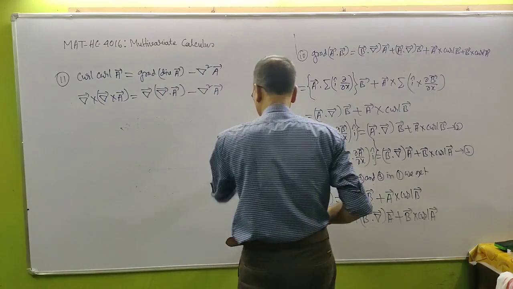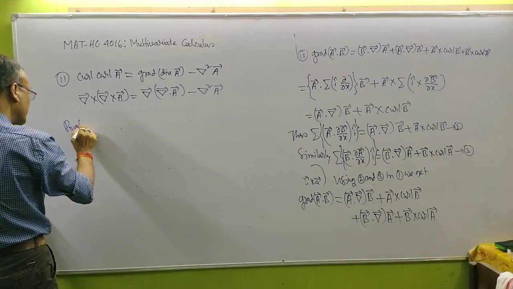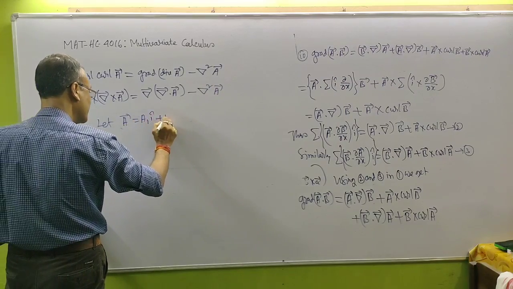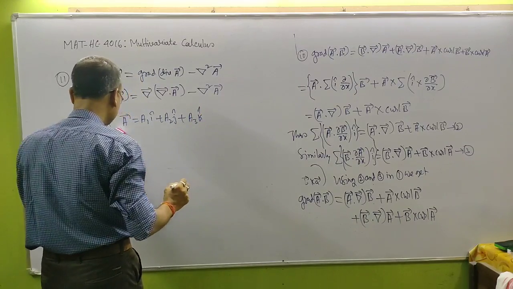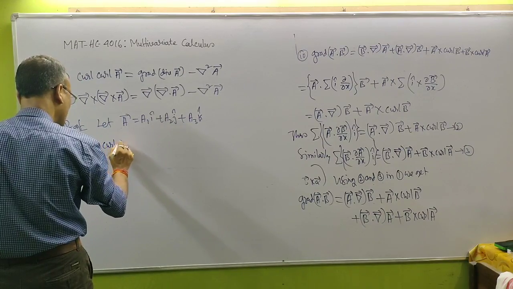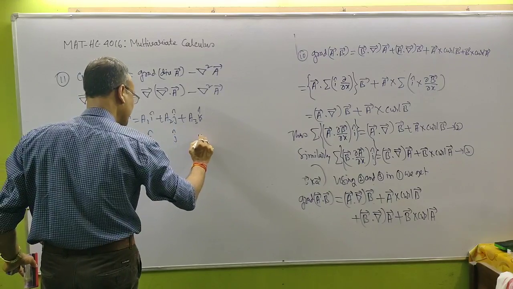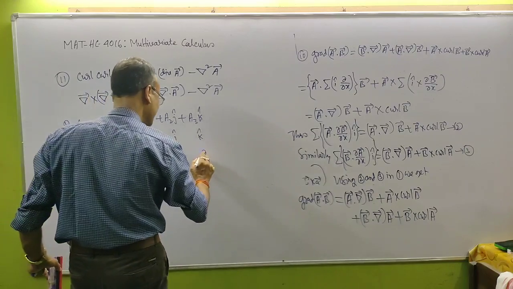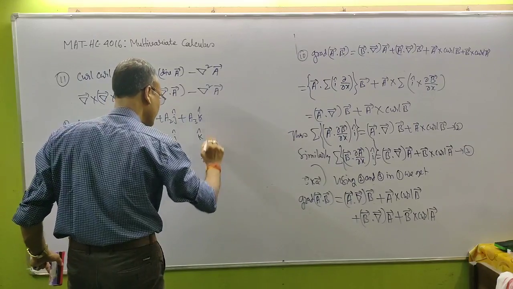To find the curl of a vector quantity, you should write let A vector equal to A1 i cap plus A2 j cap plus A3 k cap. You should write like this. Therefore, curl of A vector will be equal to the determinant of i cap, j cap and k cap; del x, del y and del z; A1, A2, A3.